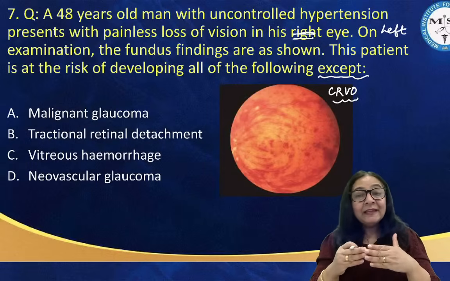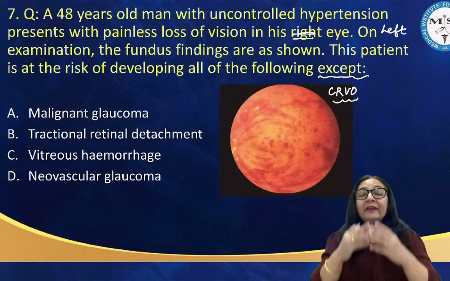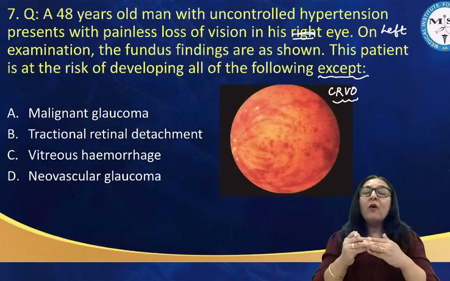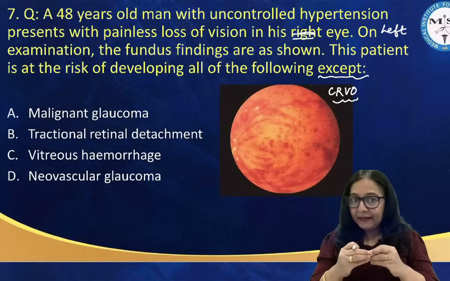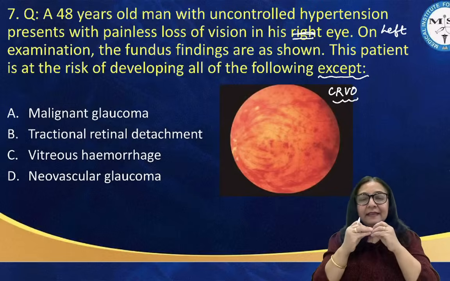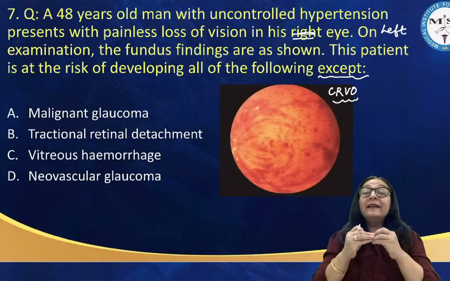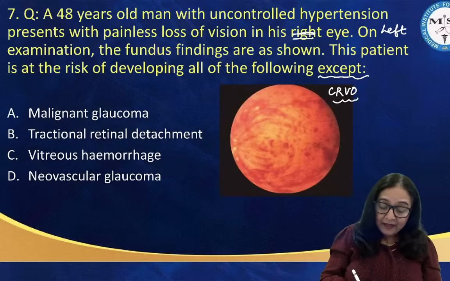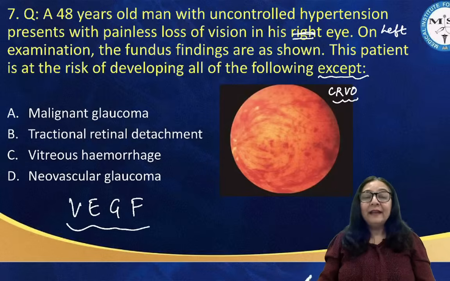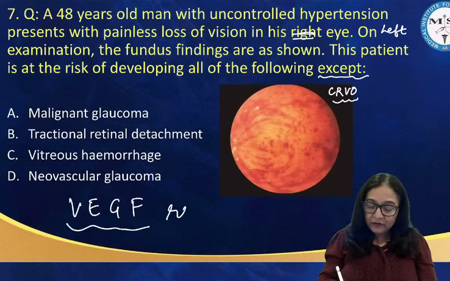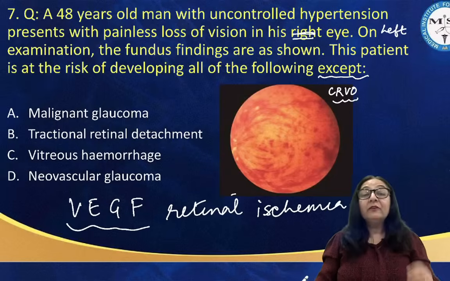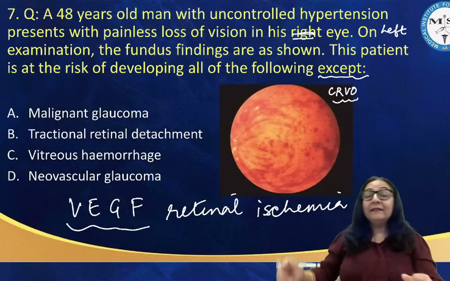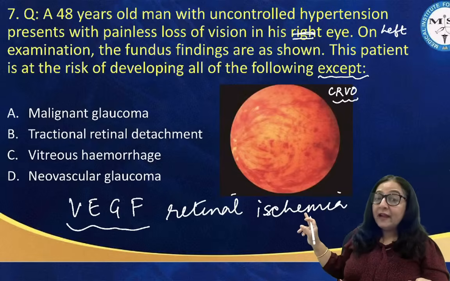Just like in diabetic retinopathy, central retinal vein occlusion also causes ischemia of the retina. Whenever there is ischemia of the retina, there is production of vascular endothelial growth factor. All those things which can happen because of vascular endothelial growth factor can occur in a patient of CRVO.